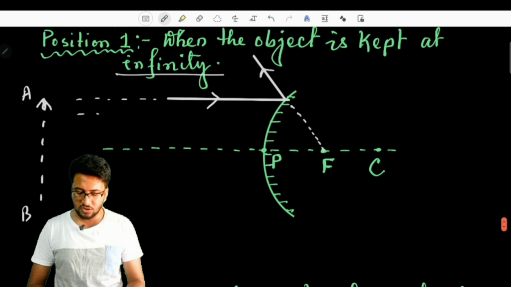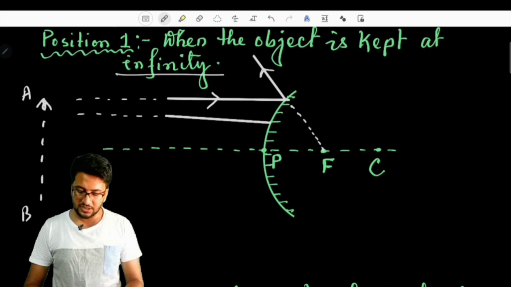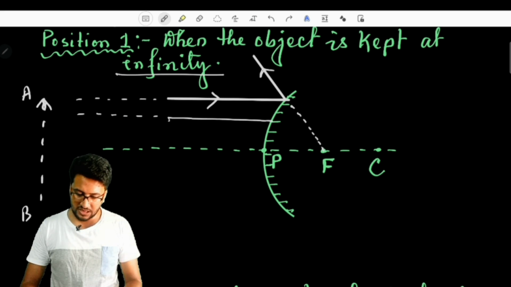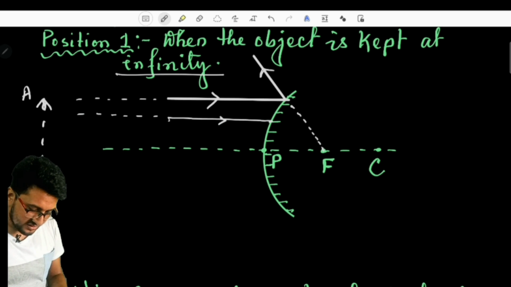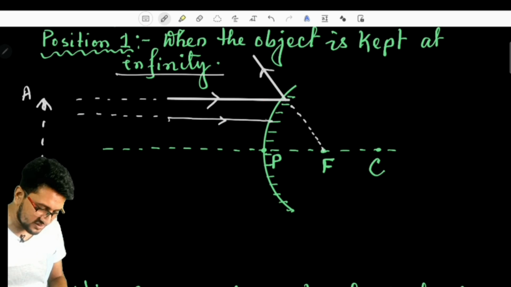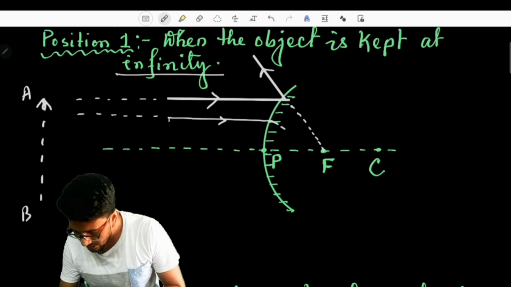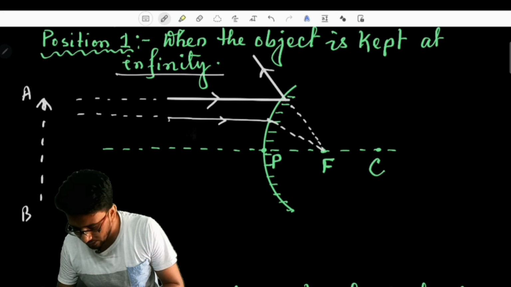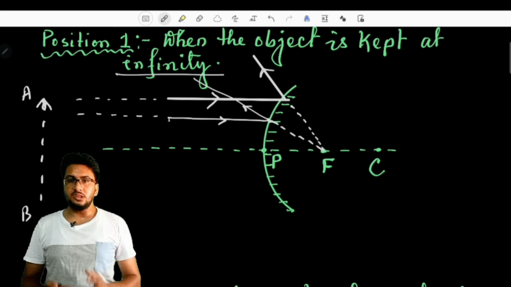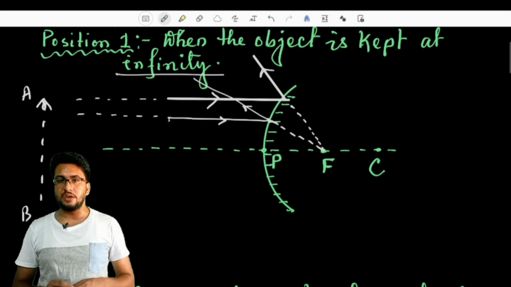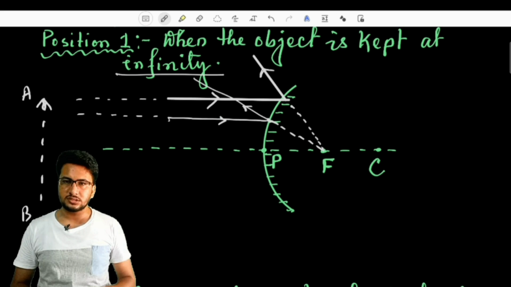Another light ray, also coming from the head of the object, after reflecting from the surface of the mirror, diverges in such a way that it appears to come from the focus. Here rule number 1 is maintained smoothly. So this is a mirror which we call a diverging mirror, which is responsible for the divergence of parallel light rays.